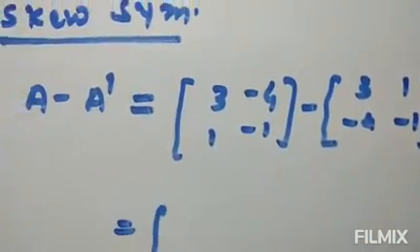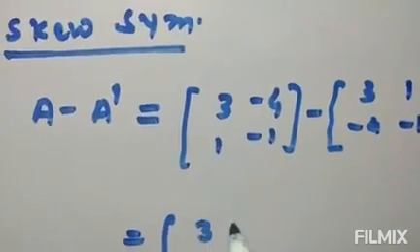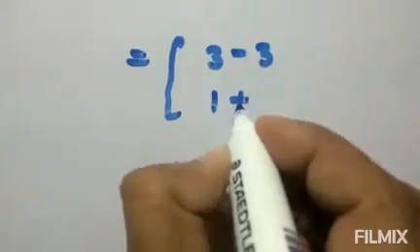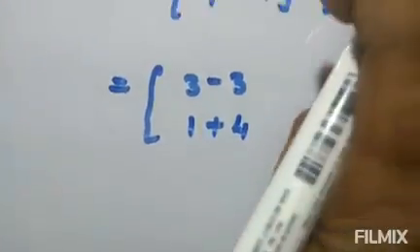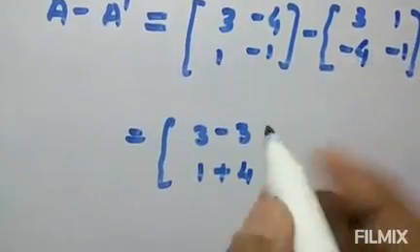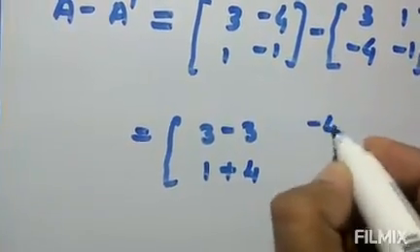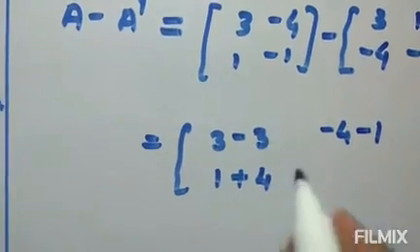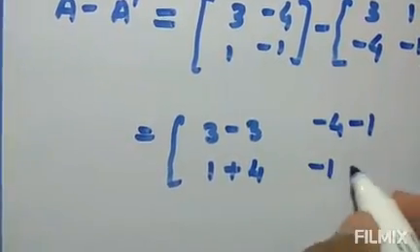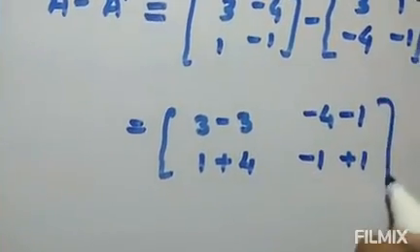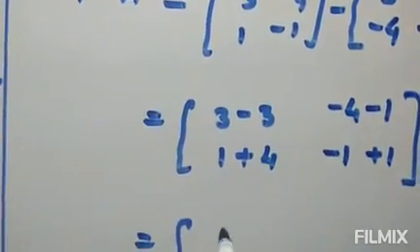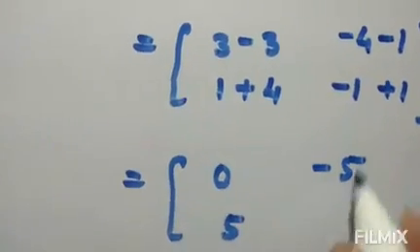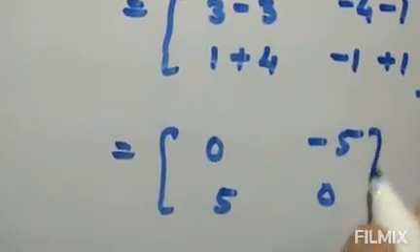So this one equals 3 minus 3, 1 plus 4, this one is a 4, and minus 4, and minus 1, and here -1 plus 1. So this one equals 0, 5, -5, and this one is 0.